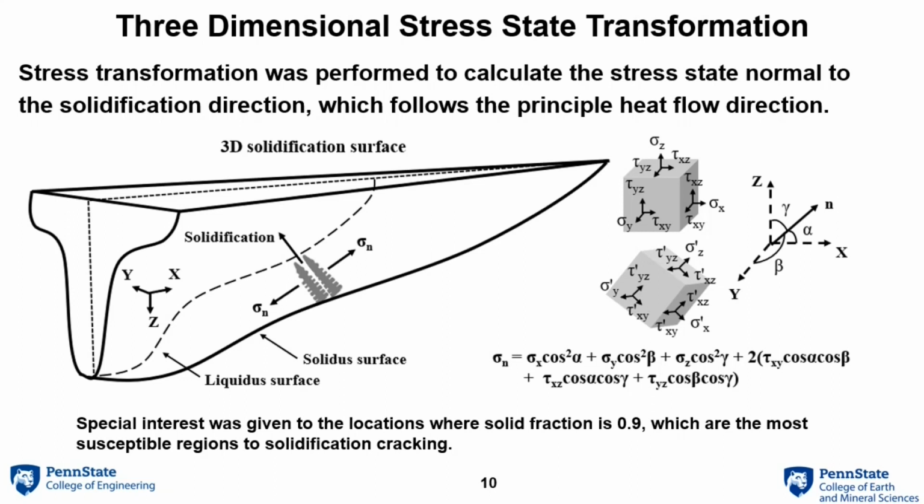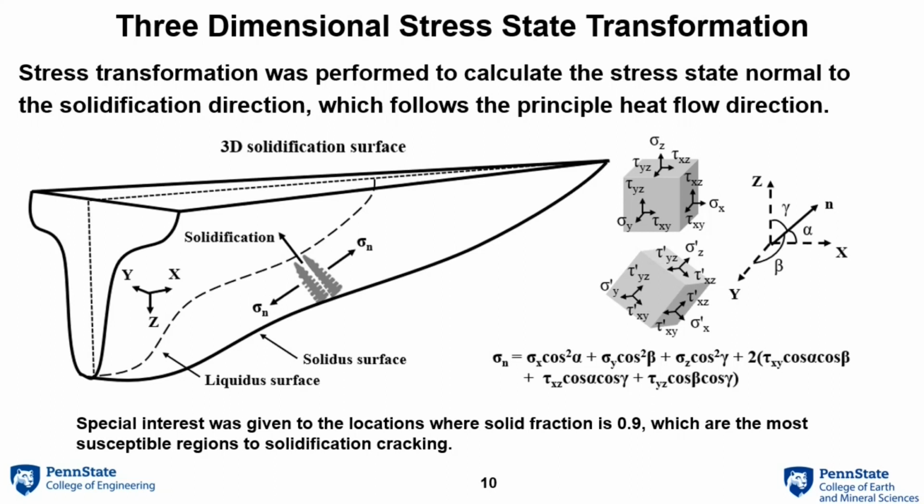Once the solidification direction is determined, we can do a three-dimensional stress transformation using the correlations on the right side to solve the stress state normal to the solidification direction, which is sigma n in this case.